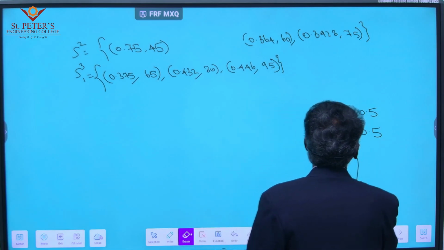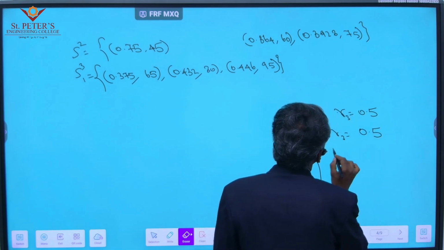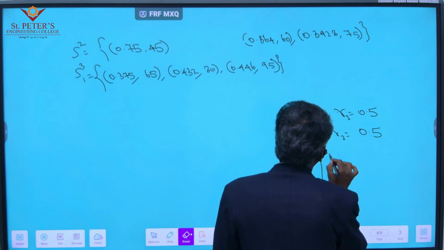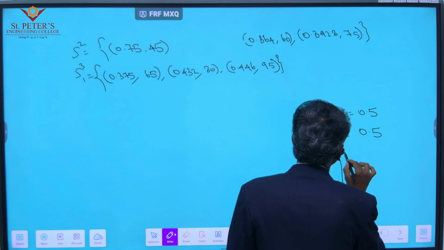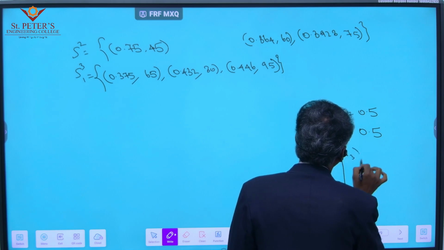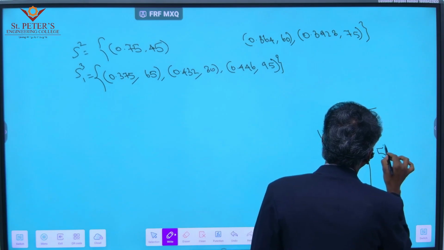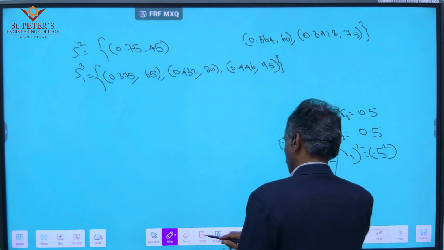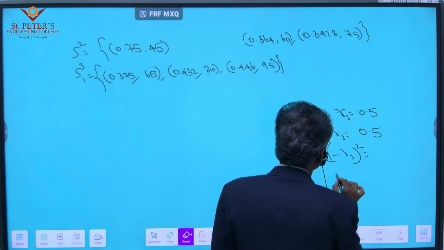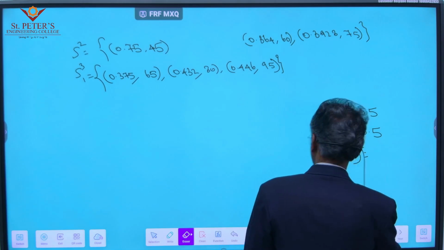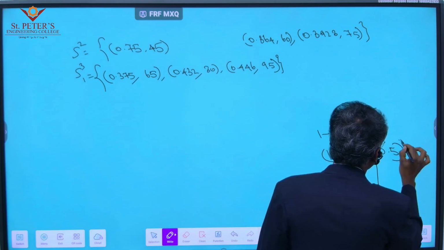First let us do the failure rate for the third device, second copy. 1 minus R3 squared is equal to 0.5 squared, which is 0.25.